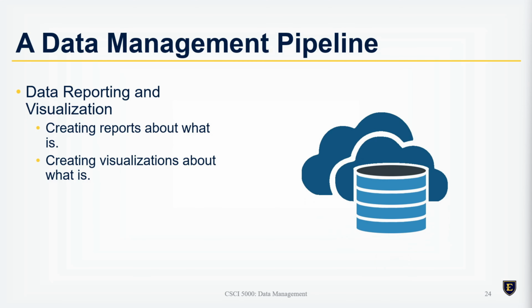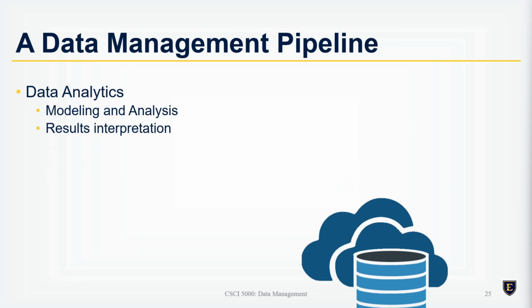Then reporting and visualization allows us to create reports about what is, the things that exist out there now, and then create visualizations about what is. By doing that, we're simply reporting on the data that we have currently. We're not doing analysis on it. We might be doing some aggregations and sums and summaries, but we are not doing analysis yet.